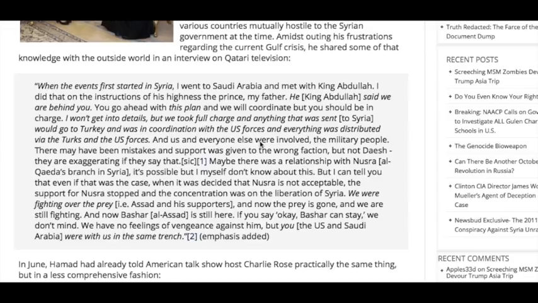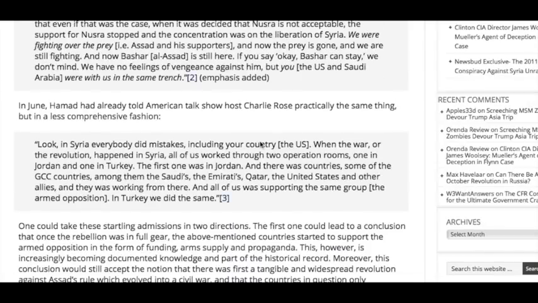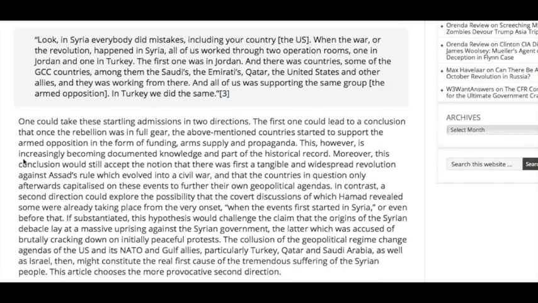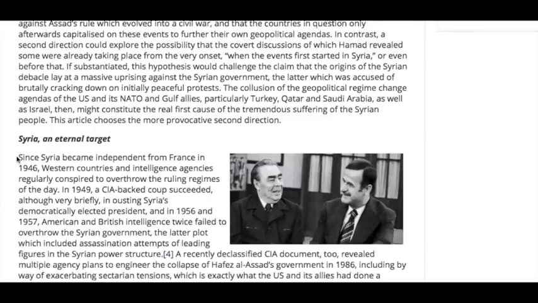That's not a conspiracy theory. And yes, as we've been saying for years, it was Jordan and Turkey, which were the conduits, and the GCC countries, right, to give weapons and arm the opposition in Syria. So here's one of their politicians saying this.